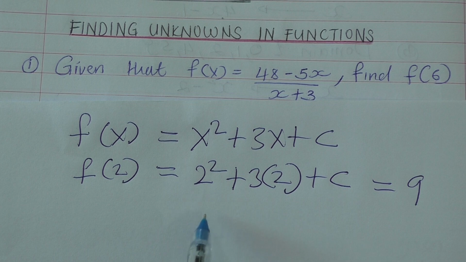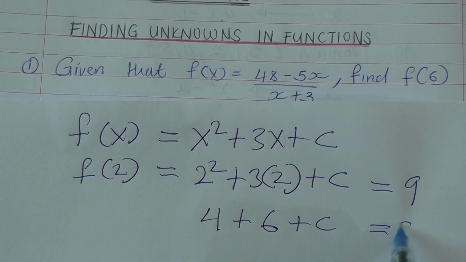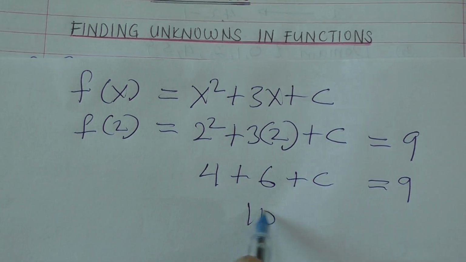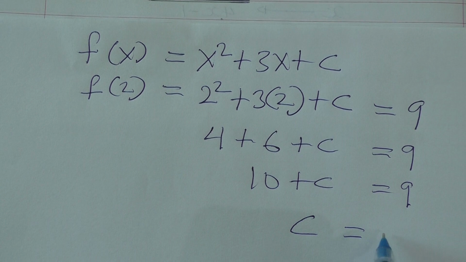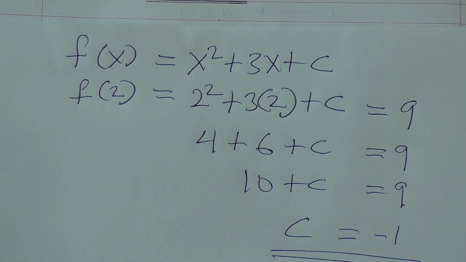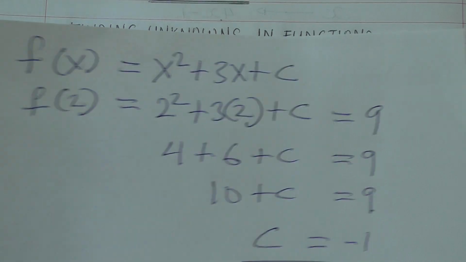That gives us 4 plus 6 plus c equaling 9, which is 10 plus c equals 9, and therefore c equals -1. That is how we get the value of c.